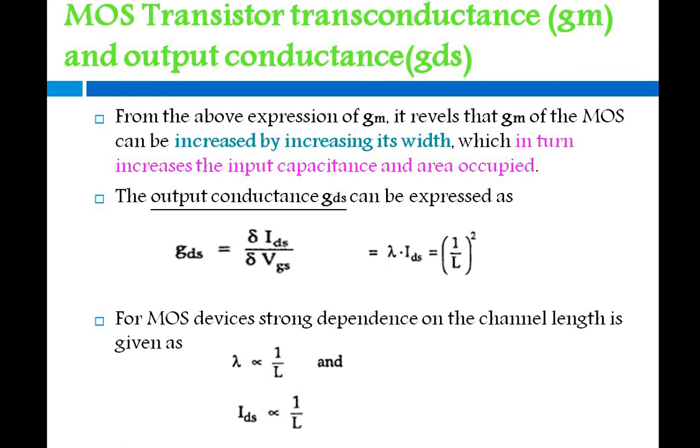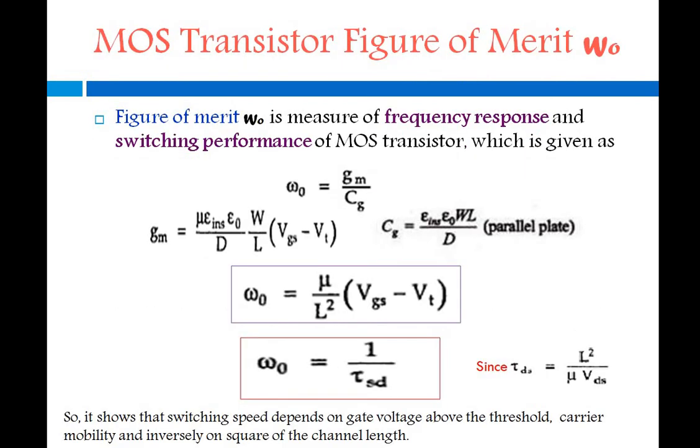So it completely depends upon the channel length. Your MOS transistor whose output conductance is completely dependent on your channel, and that is given as IDS is inversely proportional to the length of the channel. So this is how you will be finding out the output conductance.